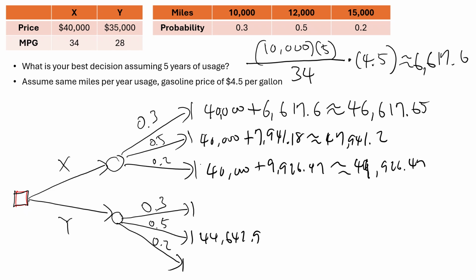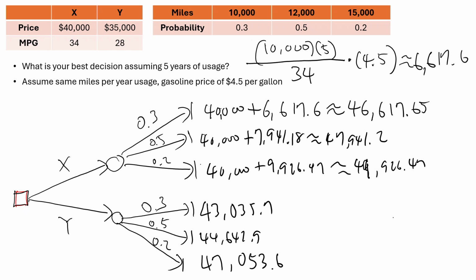So this should be 43,035.7, and the bottom one is 47,053.6. I have this backwards in my Excel spreadsheet right now.